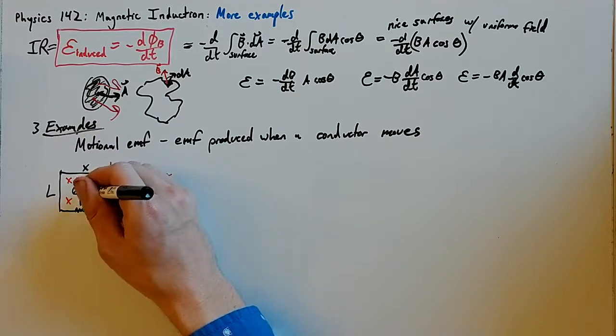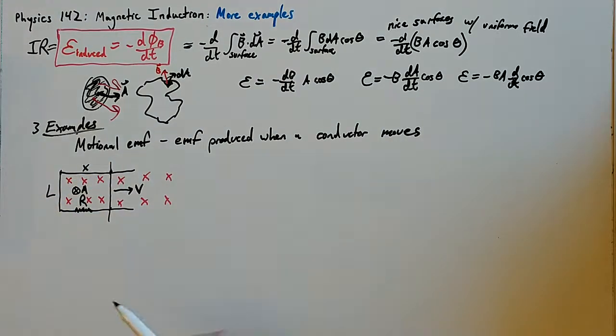In these cases, I have some choice, but I'm going to choose my area vector to be aligned with the magnetic field, which is simplest here, so I'll have it be into the page. And so then the question is, let's talk about the EMF that gets produced.